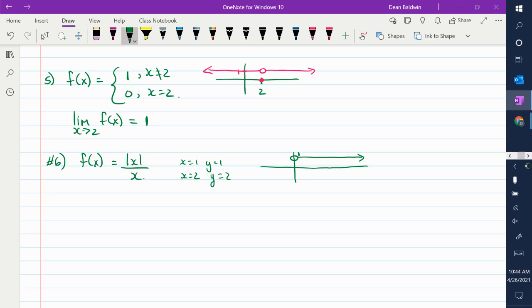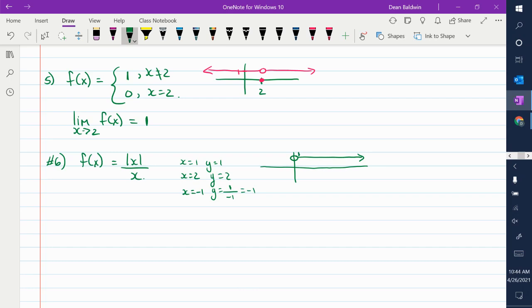Now, what if I put in x is negative 1? So if I put negative 1 into the top, what does the top become? 1. What's the bottom? So what's my answer? Negative 1.